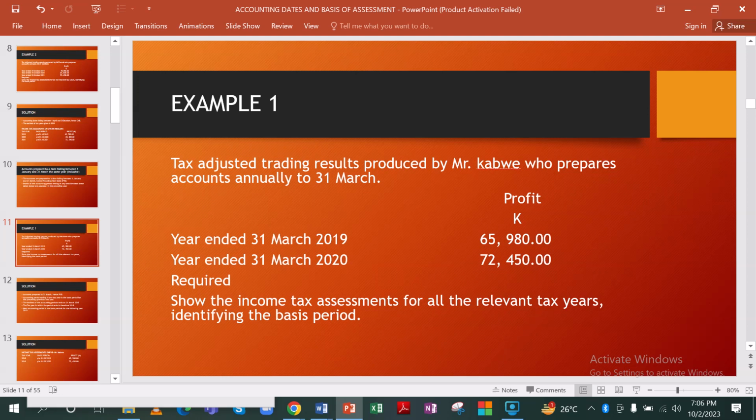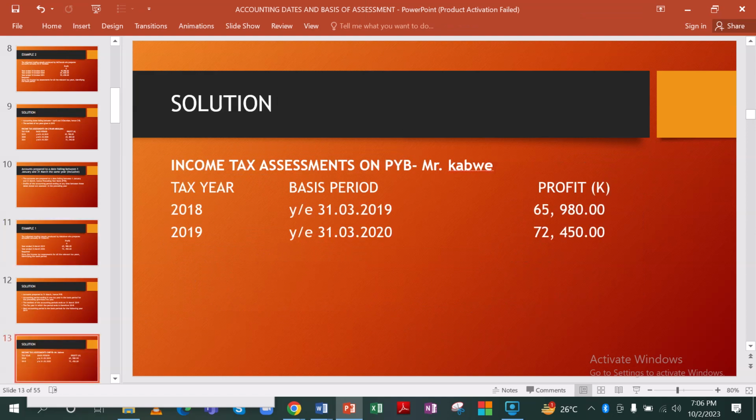So that's the basis assessment. So as a result, we have 2020 being assessed in tax year 2019 preceding year basis with the amount of 72,450. So that's what we mean by preceding year basis.